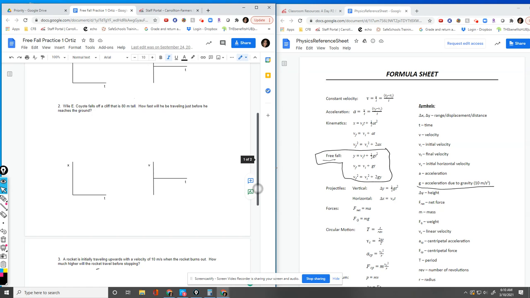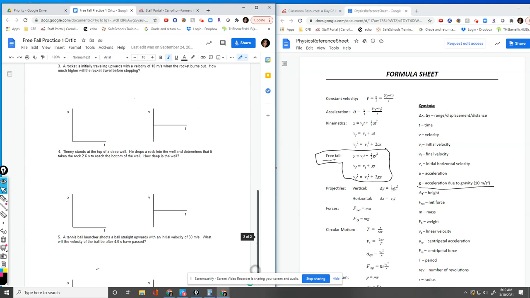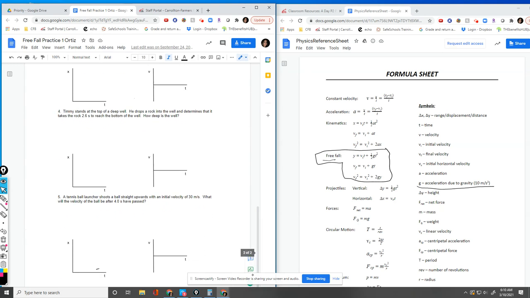And something to know is that when we're talking about a falling object and we're talking about final velocity, we're not talking about when the object hits the ground and the velocity is 0. We're talking about right before it hits the ground. So that's what we call terminal velocity, right before the moment, okay?